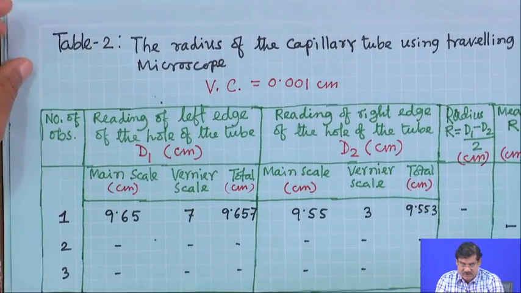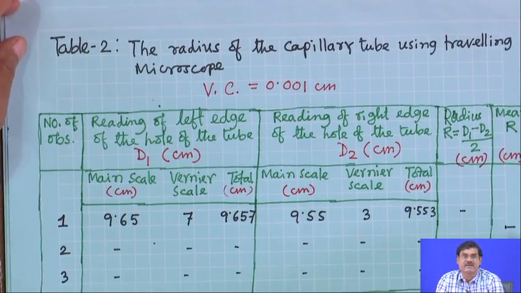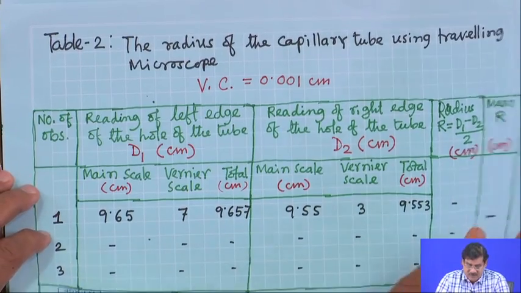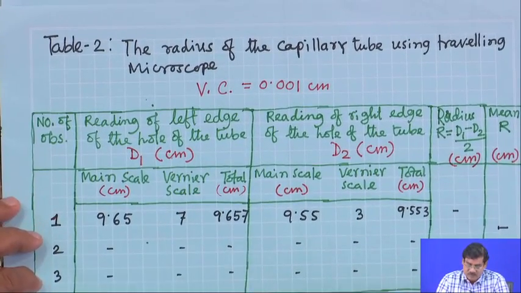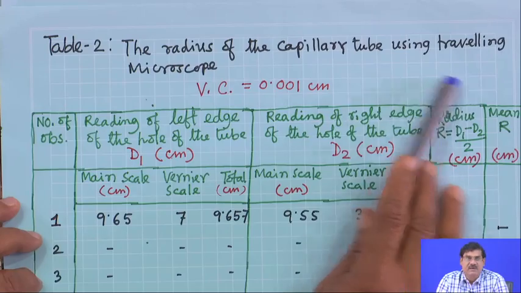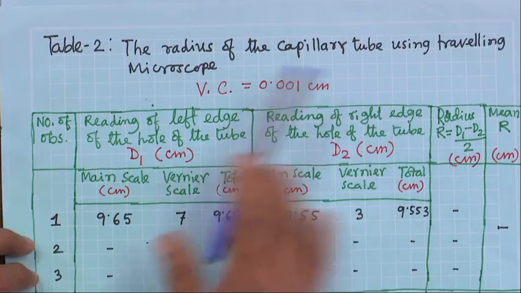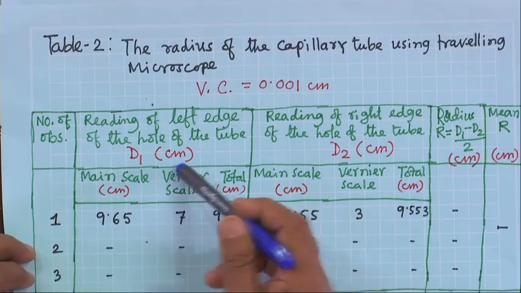Next we have the measured radius of the capillary tube. That is table 2, the radius of the capillary tube using travelling microscope. For the travelling microscope, the table is the same as we saw earlier in the case of surface tension.